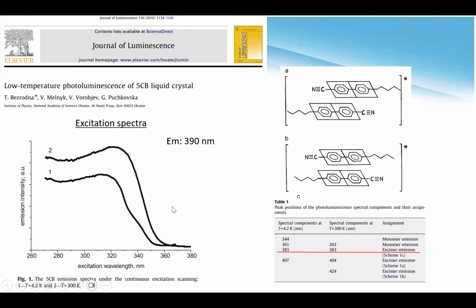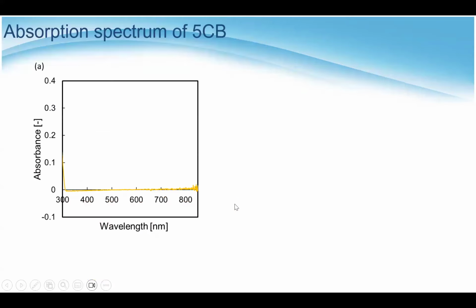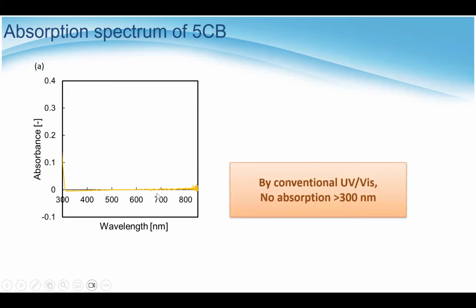We checked this in old papers, and the emission is actually at 390 nanometer. Then, by scanning the excitation wavelengths, we can get excitation spectra. Looking at the excitation spectra, actually it extended to 360 nanometer. But when we check the absorption spectrum of 5CB in a conventional UV-visible spectrum, there is totally no absorption over 300 nanometer.